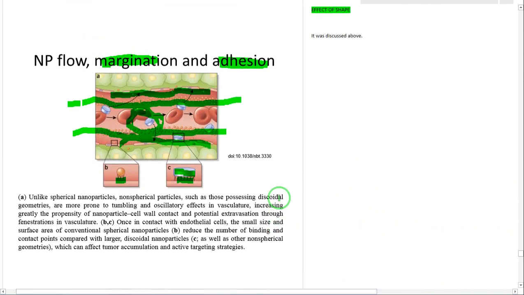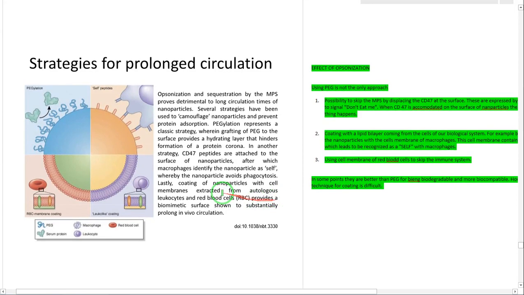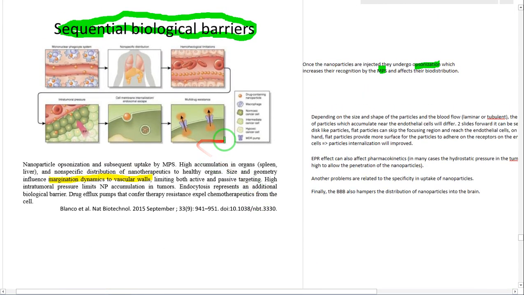Well, let's jump to the last slide that we are going to talk about. Okay, before that, let me just tell you that the blood-brain barrier is another barrier that the nanoparticles have to overcome.